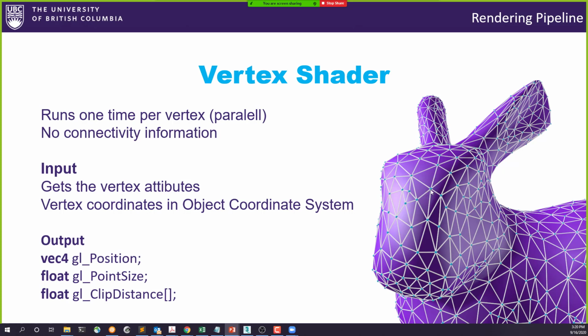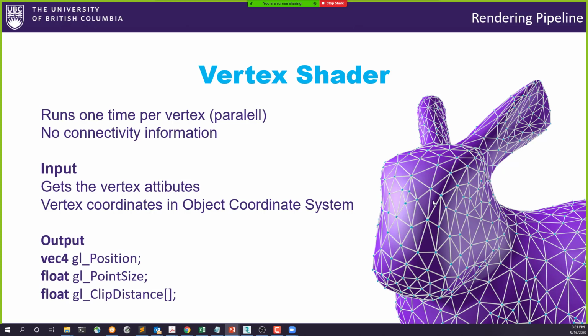In mesh processing, in digital geometry processing, we call the set of all the neighbors of a vertex an umbrella, okay? So the umbrella of this vertex are these first connections, right? That information is not inside the vertex shader, or it never passes to the vertex shader.